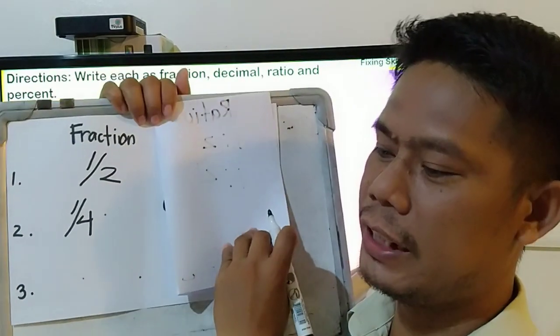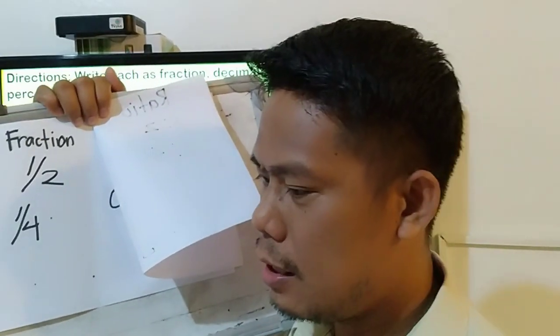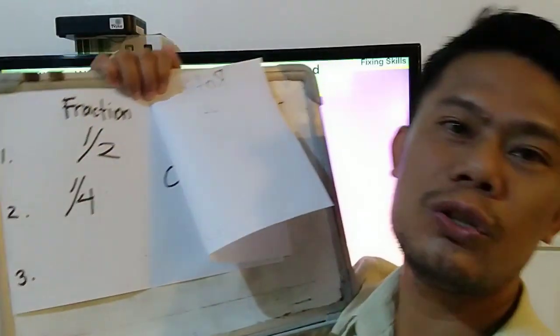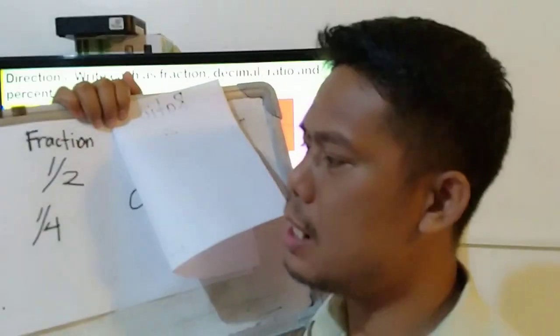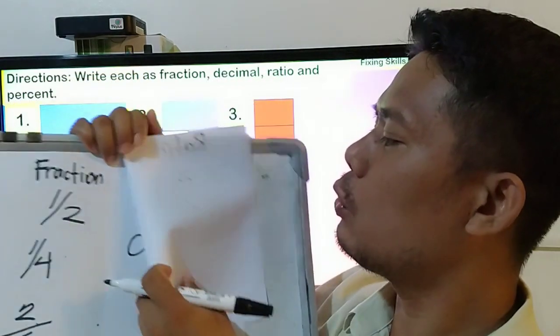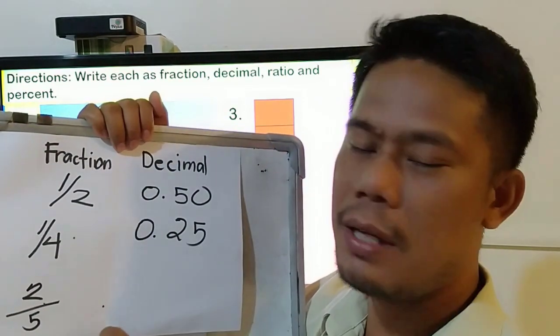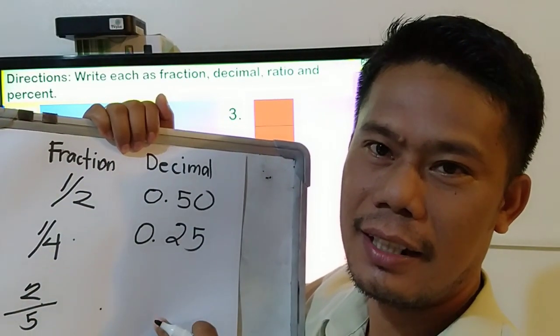What is the fraction? 1, 2, 3, 4, 5. So the rectangle is divided into 5 equal parts, and the shaded part is 2. That is 2/5. Okay. So, 2/5. What number can be multiplied by 5 to become 100? That is 20.